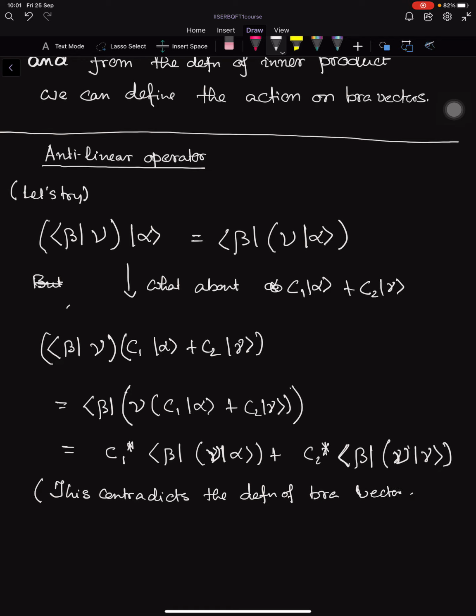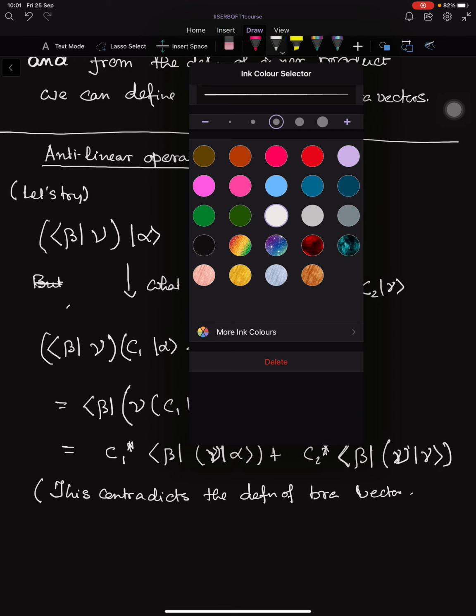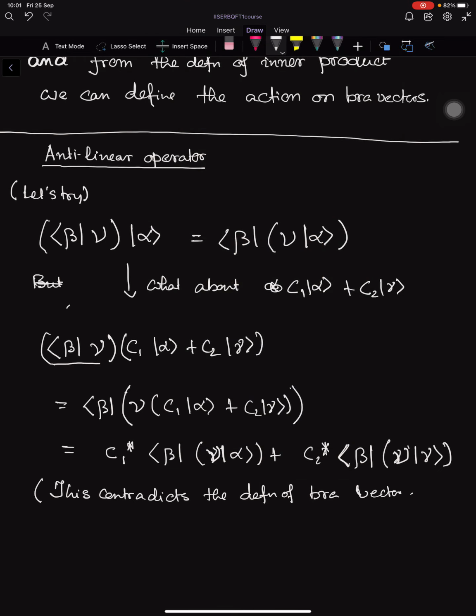Why? Because bra vectors are linear operations. So if you define this to be some bra vector beta tilde, let's say, then I expect beta tilde acting on this should be the same as beta tilde C1.